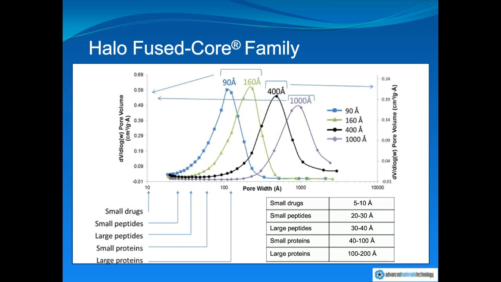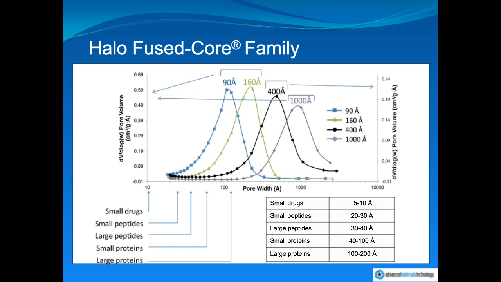Well, I described the 400 angstrom pore size material as having a 0.2 micron shell. And we did that specifically to allow very fast mass transfer, a very thin shell on that particle. The 1,000 angstrom pore size, with its larger pores, needed to have a somewhat thicker shell, and that also reinstated some of the pore volume available in that morphology. So that's why there's a slight difference there.